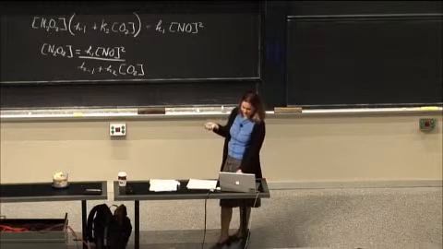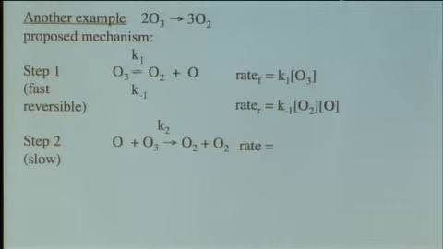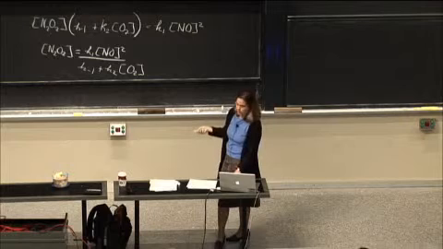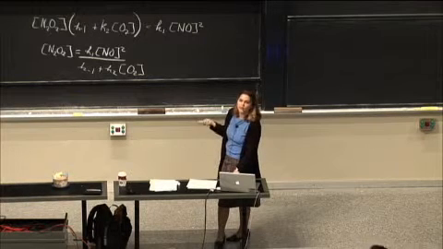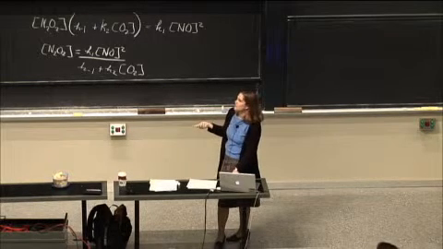All right, so let's look at the second step here. So the rate here is going to be K2 times the concentration of this intermediate O times the concentration of O3. Now we know that this second step is going to be controlling the rate. It's a slow step. At least that's our prediction that we're going to write a rate expression based on.